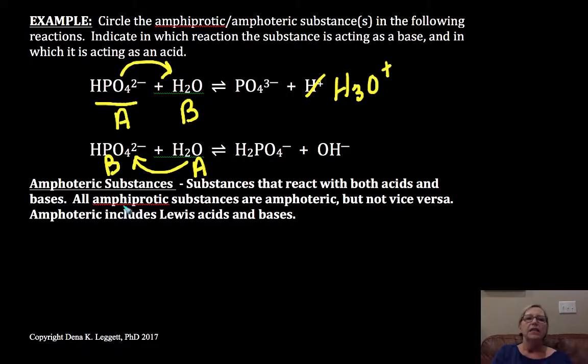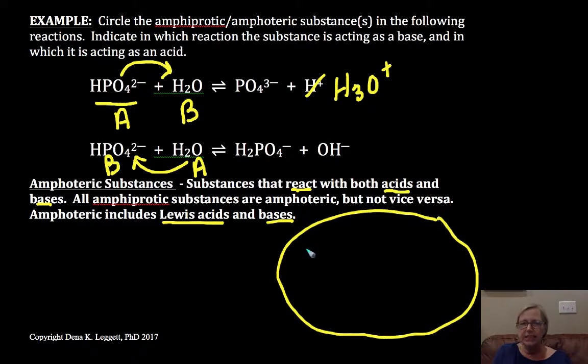Now, amphoteric is subtly different. It is often used as a synonym. And in this case, rather than focusing in on the donating and accepting of H+, amphoteric talks about reactivity and acting as both acids and bases. What this definition does is it includes Lewis acids and Lewis bases. So we have this big set of substances called amphoteric that includes our Lewis acids and bases.